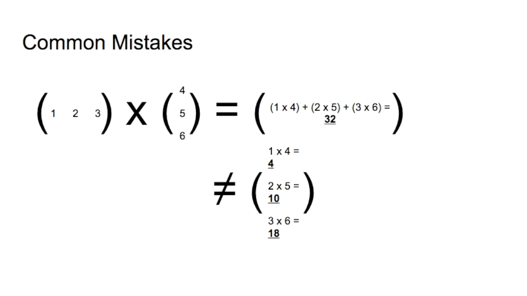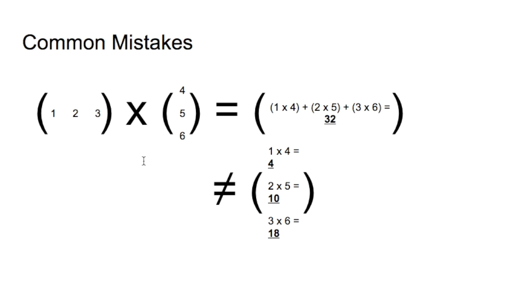The last common mistake that students make is when we multiply a row matrix and a column matrix as seen here. So in actuality, what you're supposed to get is a 1 by 1 matrix. When we utilize our run and dive method, we find that this value is obtained when we multiply 1 and 4, 2 and 5, 3 and 6, and we add all of these values together to get 32.